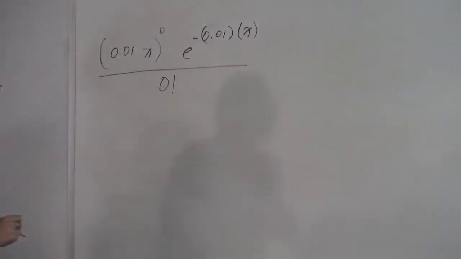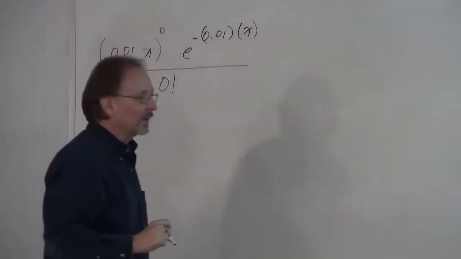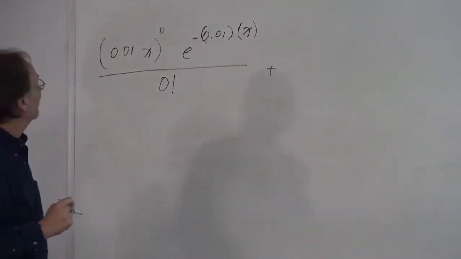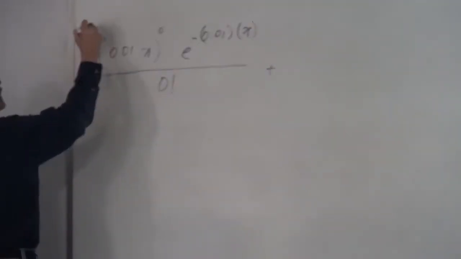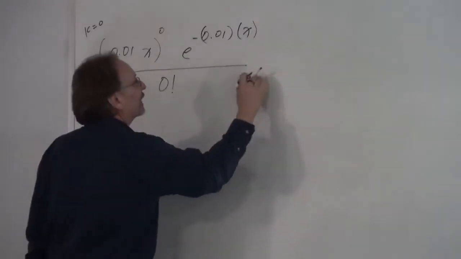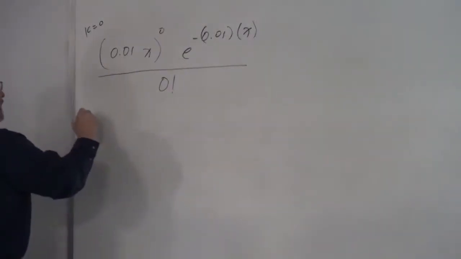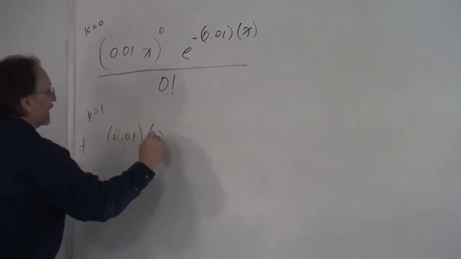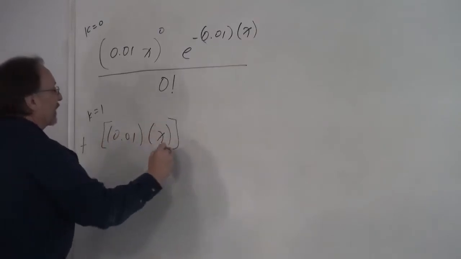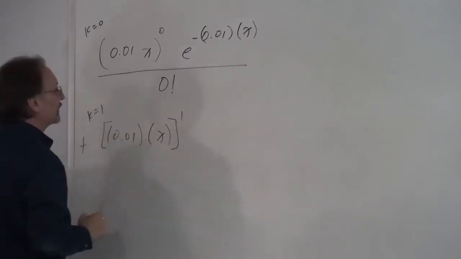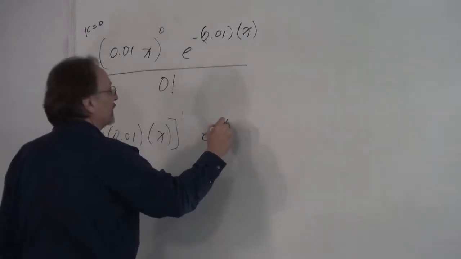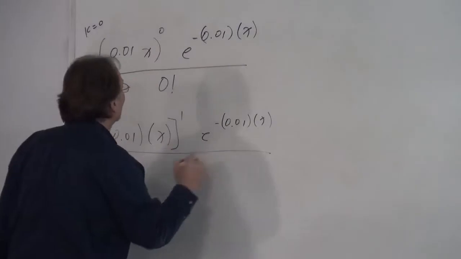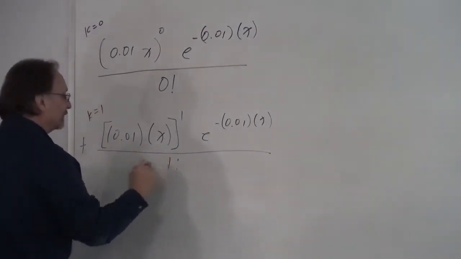So that's for k equal to 0. And then you add, for k equal to 1, 0.01 times x to the first, e to the minus 0.01 times x over 1 factorial.